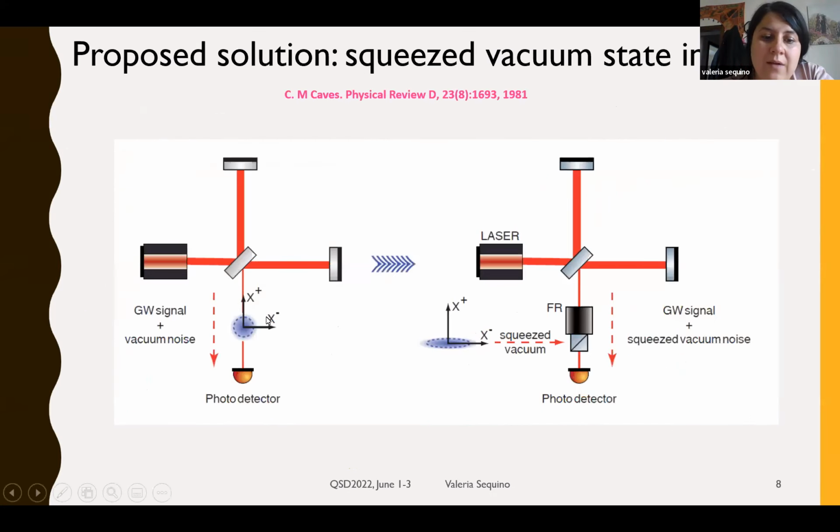In particular, this vacuum noise couples with the gravitational signal, and the measurement is disturbed.